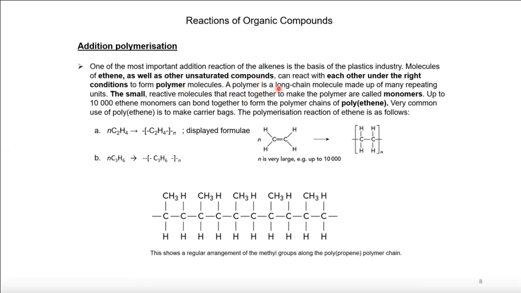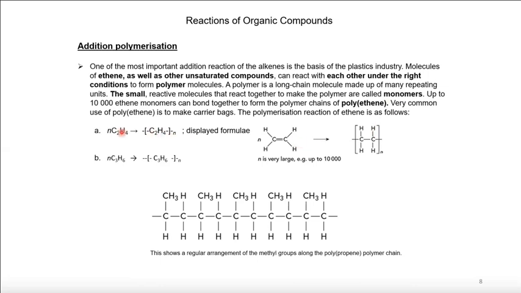A polymer is a single long chain molecule made out of many repeating units. The small reactive molecules that react together to make the polymer are called monomers.